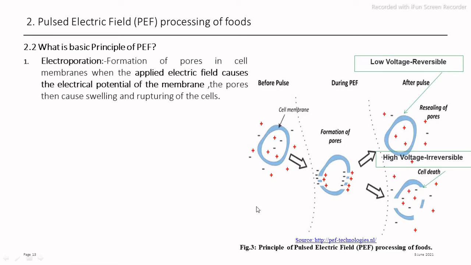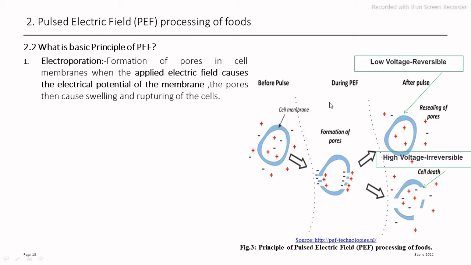The basic principle involves two principles. The first principle is electroporation. In the electroporation process, pores form in the cell membrane. This is the cell membrane before applying the pulse.